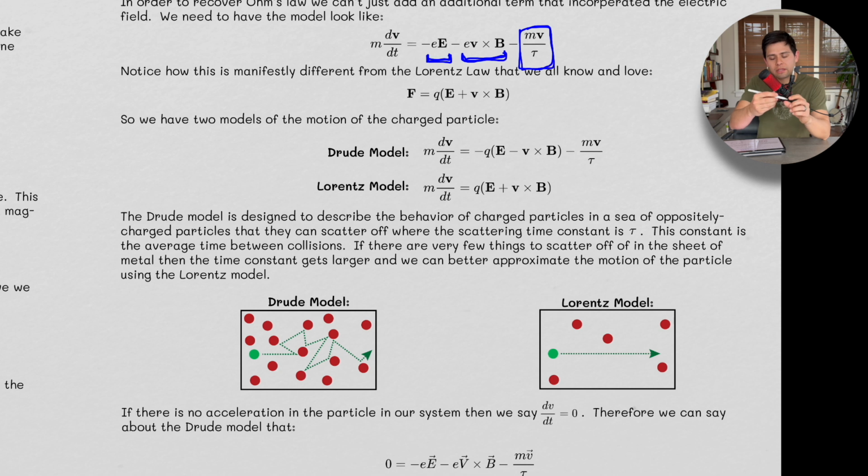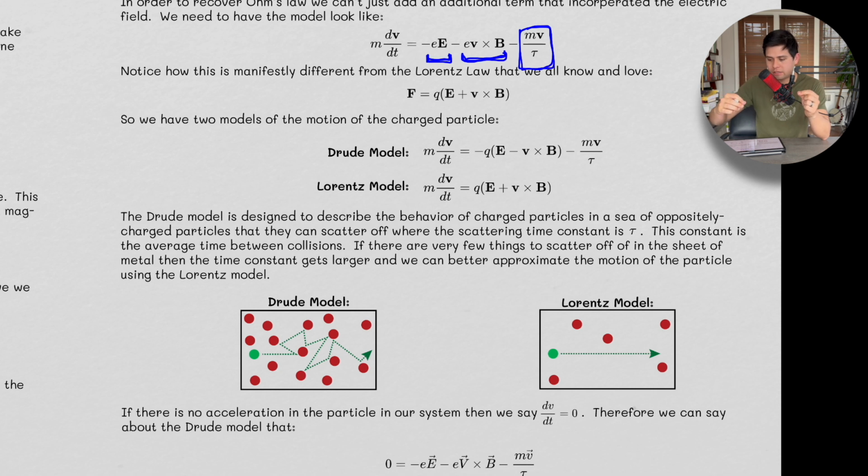When the electron is traveling in the plane, the idea here is that the plane has oppositely charged particles in it, opposite to the charge of the particle that's traveling, and that particle is going to scatter off of all those other particles as it's traveling, okay?